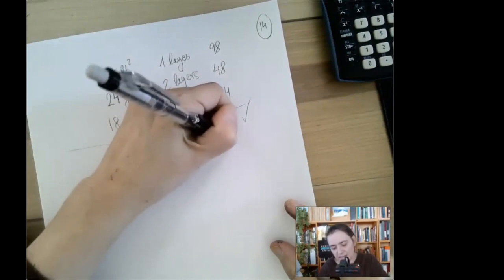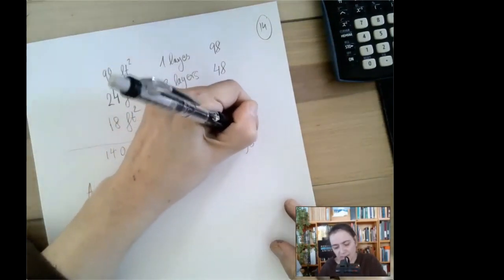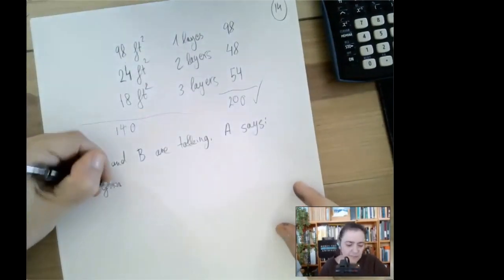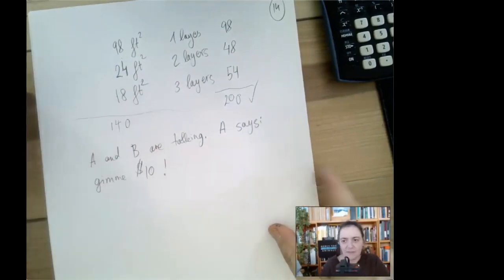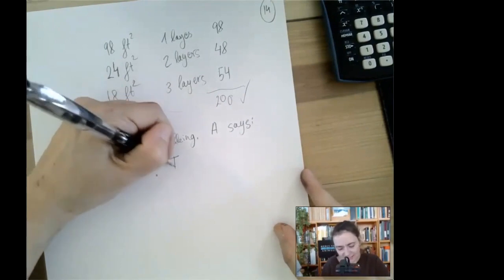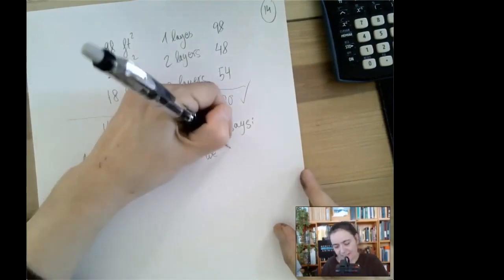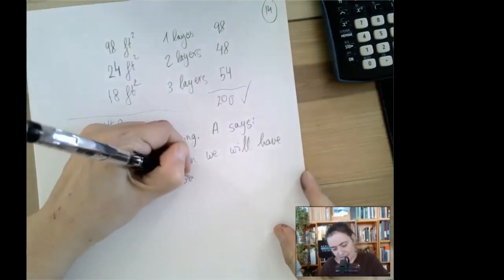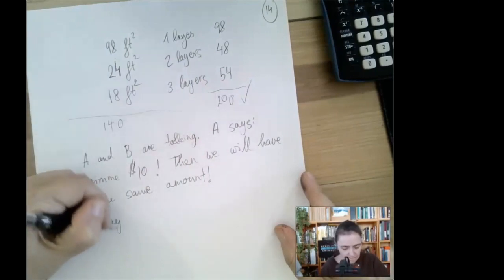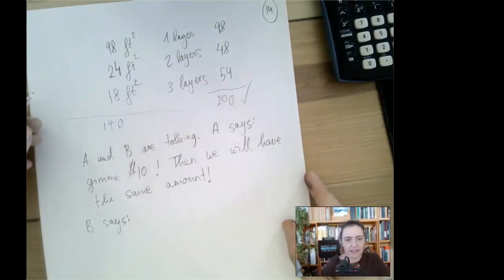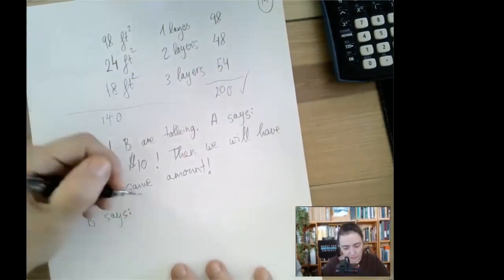And A says, give me $10. Then we will have the same amount of money. And B says, no, give me $10 and then I'll have twice as much as you do.